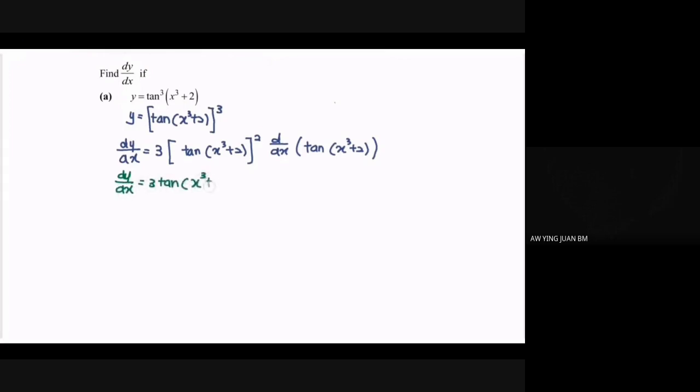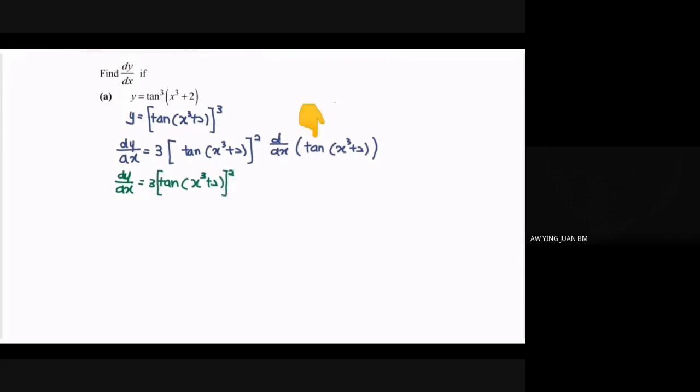So now we are going to start our discussion. So differentiate the y respect to x. So we will have dy dx equals to 3 bracket tangent x cubed plus 2. So we have power 2. Next we are going to differentiate the tangent x cubed plus 2 with respect to x. And we will have dy dx equals to 3 tangent bracket x to the power 3 plus 2 power 2.